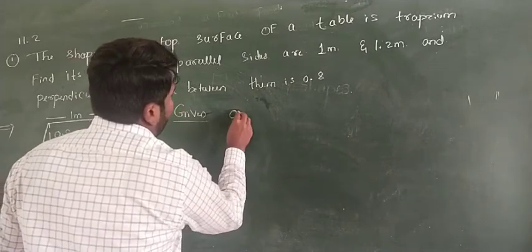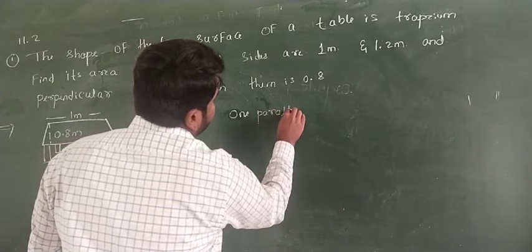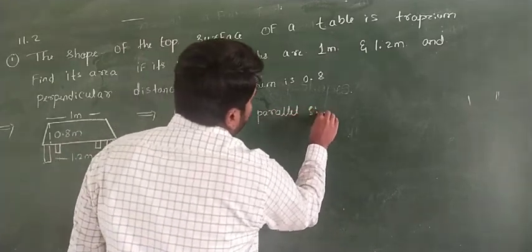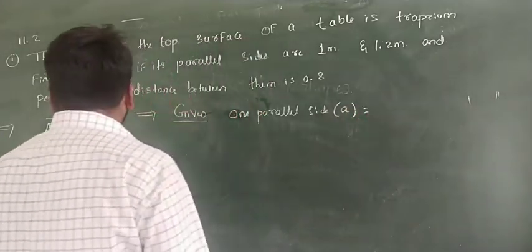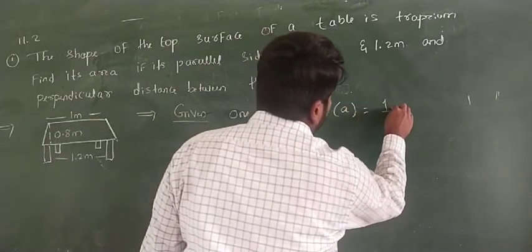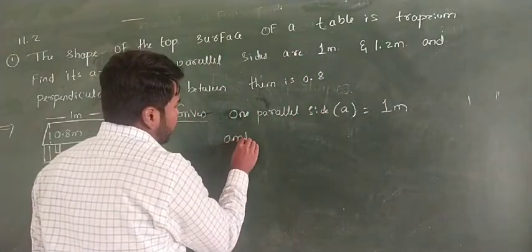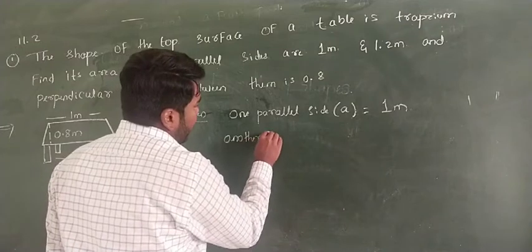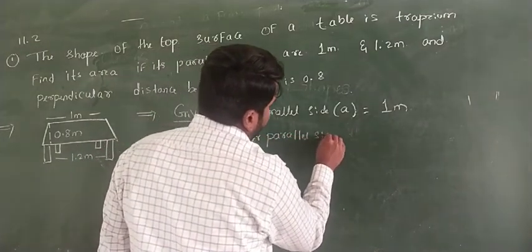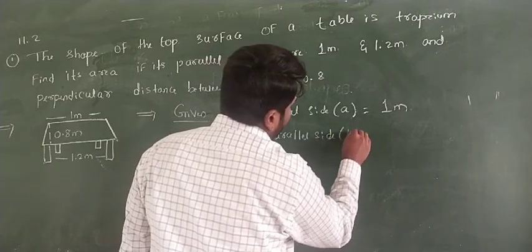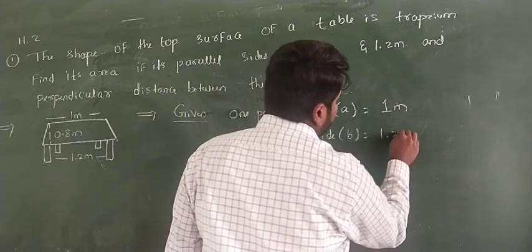One parallel side, that is A, we can write as 1 meter, and another parallel side, that is B, is given as 1.2 meter.